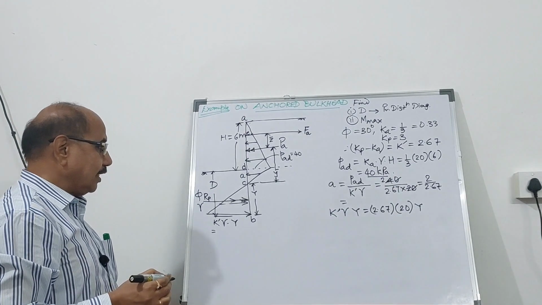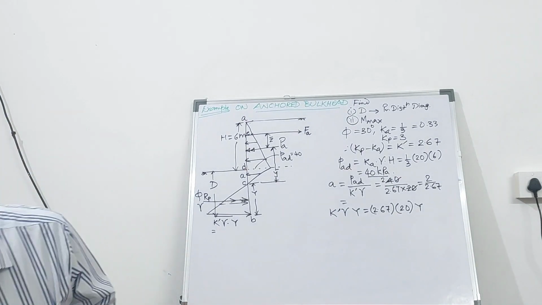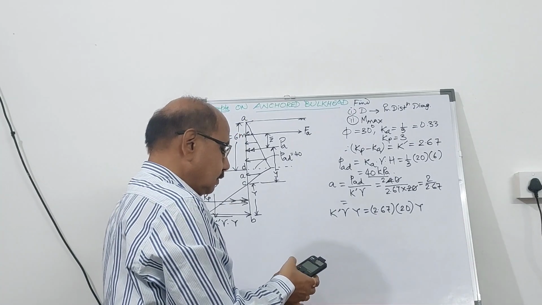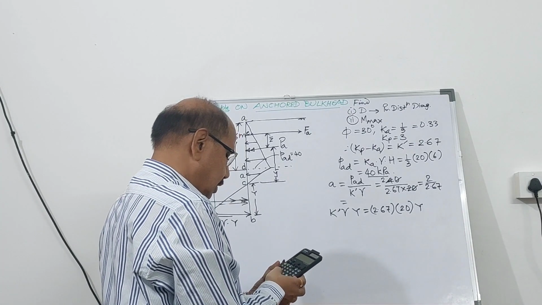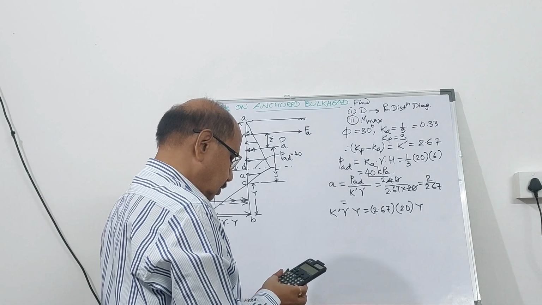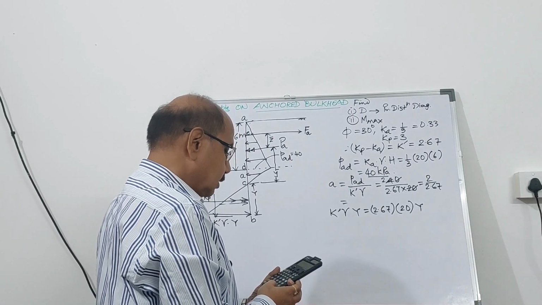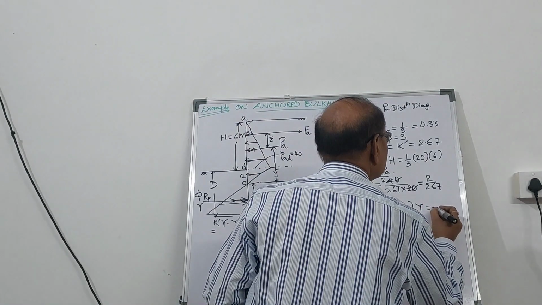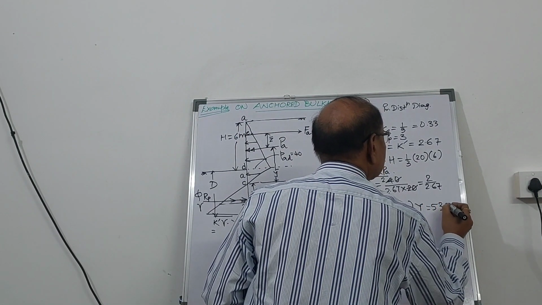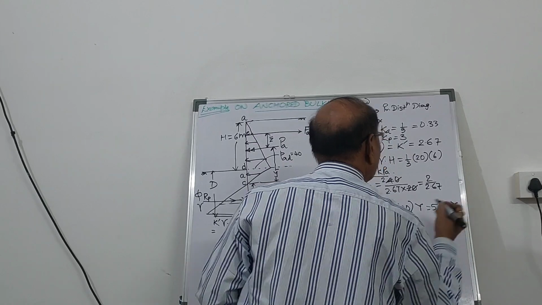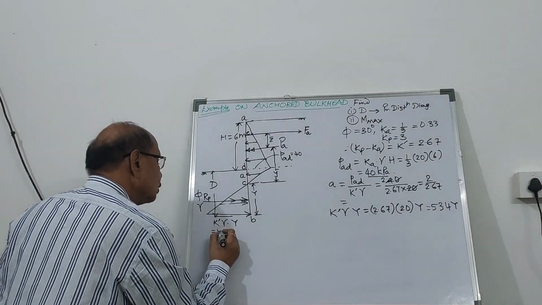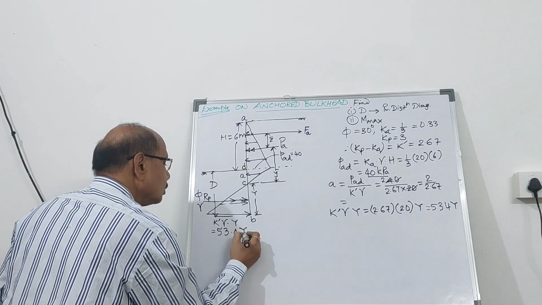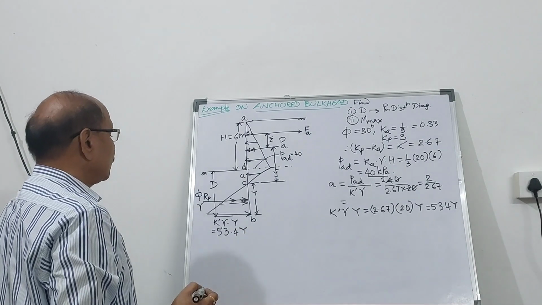So here, let us calculate. So friends, it is 2.67 into 20, 53.4. This is equal to 53.4 times Y. So this is known to us. Okay.